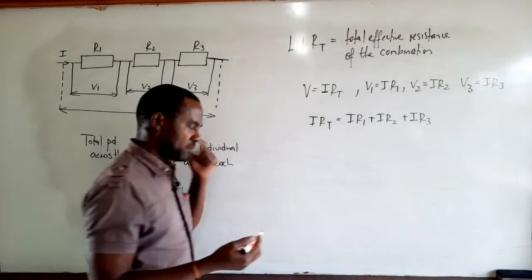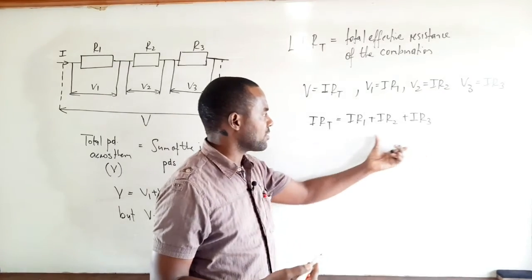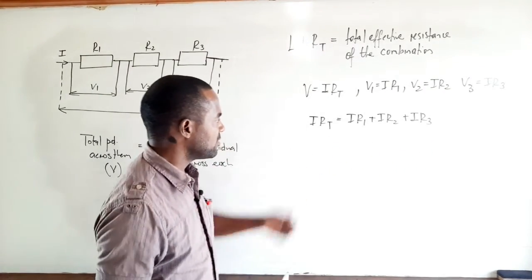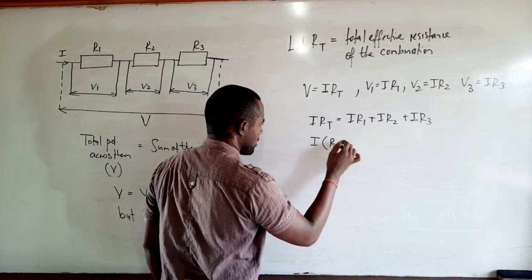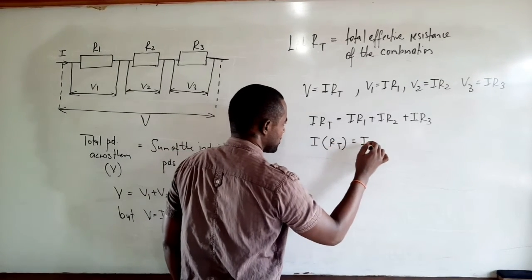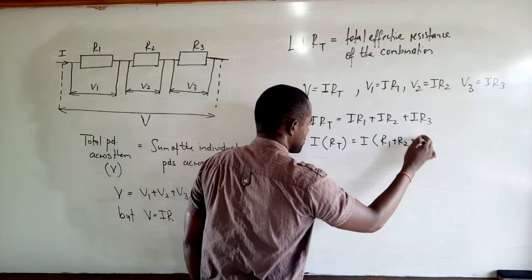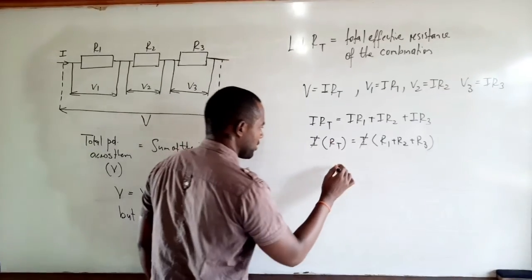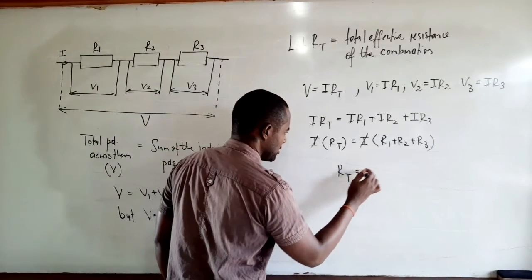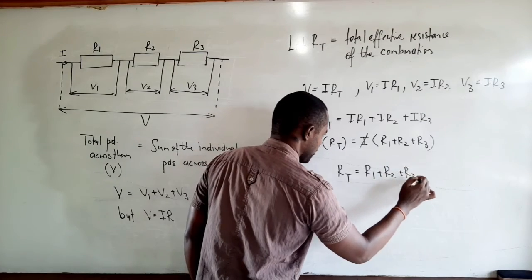Since I is common to both sides, we can factor out I on the right hand side, and then the I's cancel. So I RT is equal to I times R1 plus R2 plus R3. The I's cancel, and what we're left with is that RT is equal to R1 plus R2 plus R3.